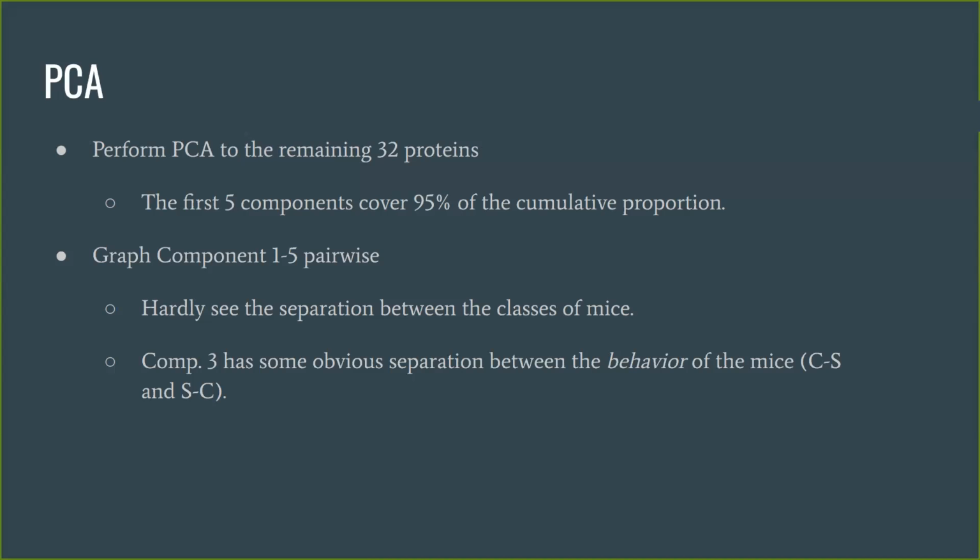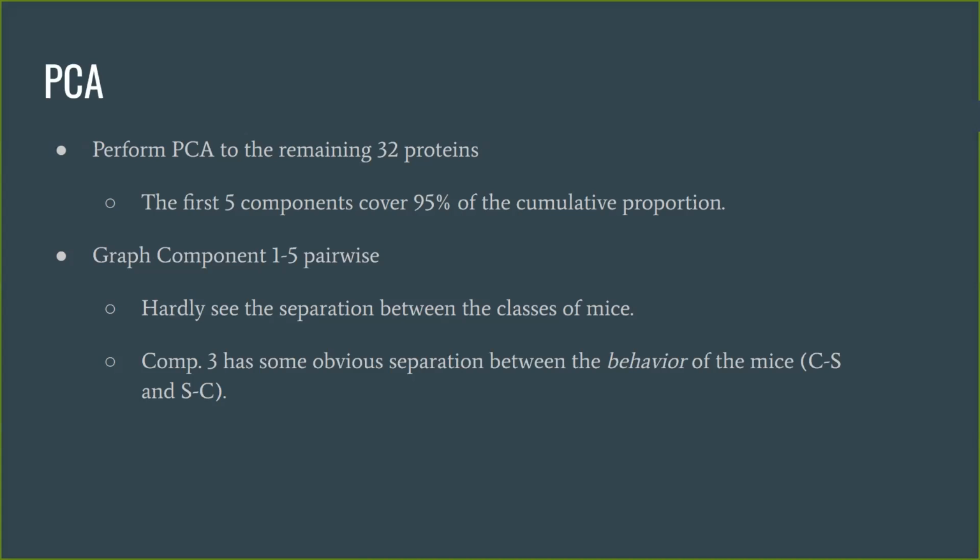Later on, we tried to split the classes to look at the behavior, treatments, and also the genotype. And then we found that the PCA has an obvious separation pattern in the behavior only. So that's why in this analysis, we only focus on the behavior of the mice.